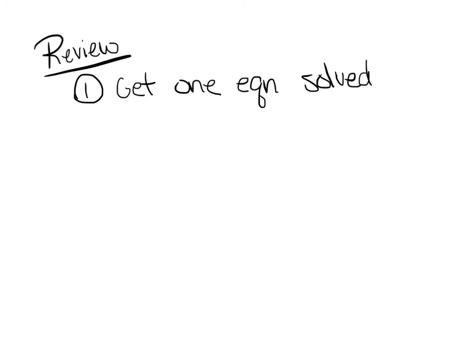So let's do a brief review. Our first step in solving using substitution is to get one of our equations solved for one variable, also known as isolate the variable.